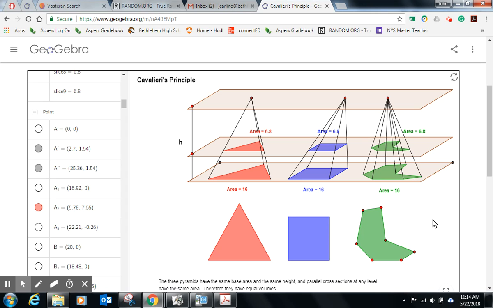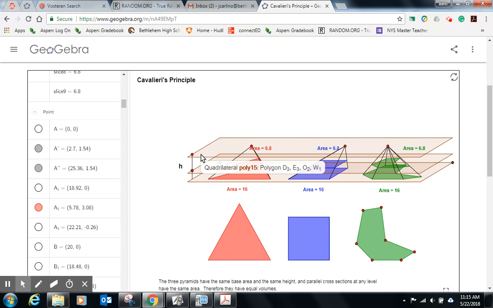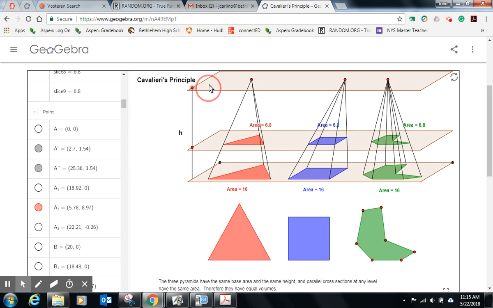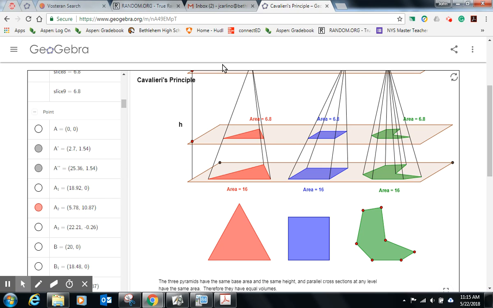As long as they have the same height and same cross-sectional area, watch. Those look like three totally different figures, but they all have the same volume. No matter what I change the height to, those volumes are all going to be the same. Same height, same cross-sectional area, volumes will always be the same. So that's Cavalieri's principle.